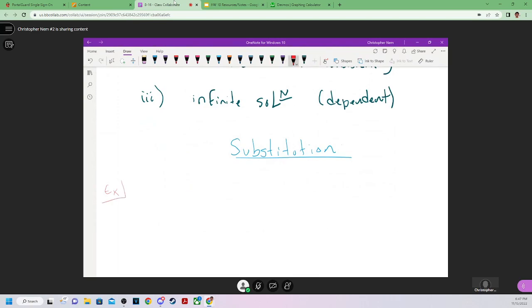Let's do the system: x equals 3, and 2x plus 3y equals 54.